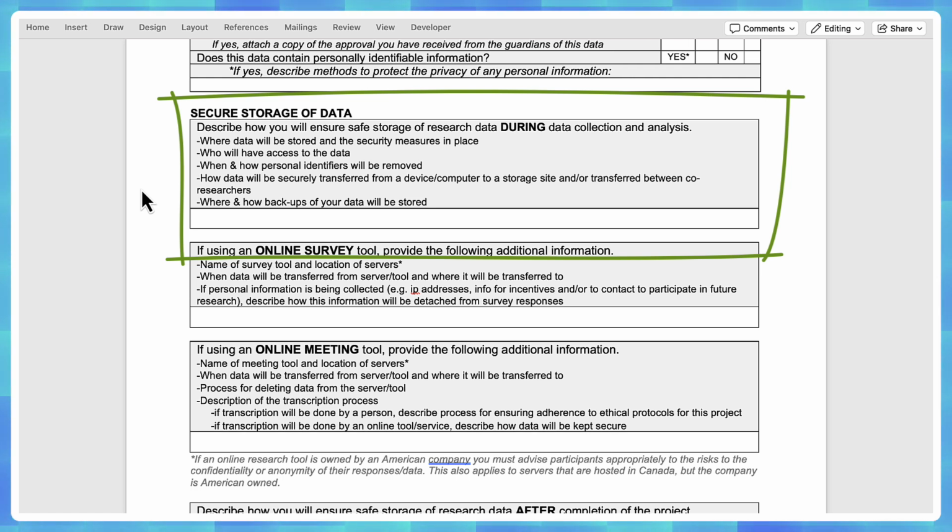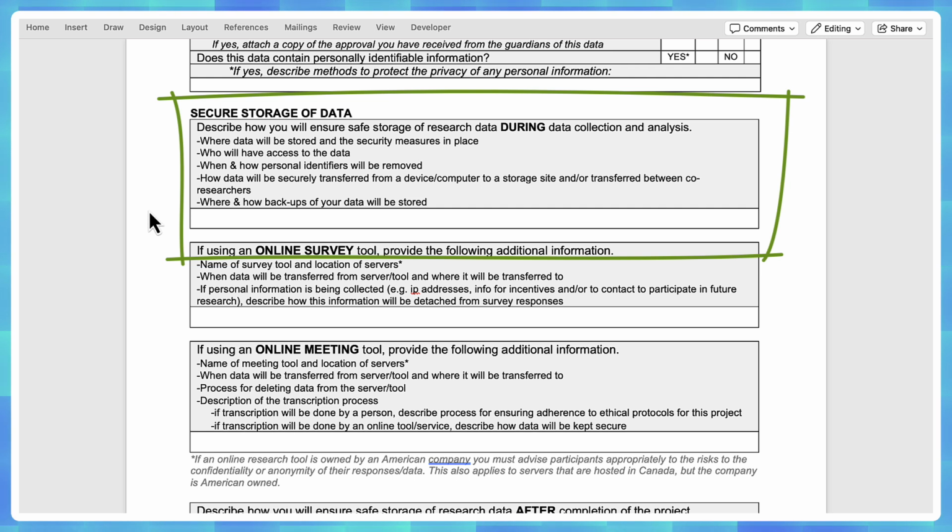And in all of that too, particularly, for example, encrypting data and that sort of thing, for any IT specific questions, the Research Common at Red Deer Polytechnic, as well as IT services, are more than happy to help you out with any questions and tools and advice for securing digital data in that way.